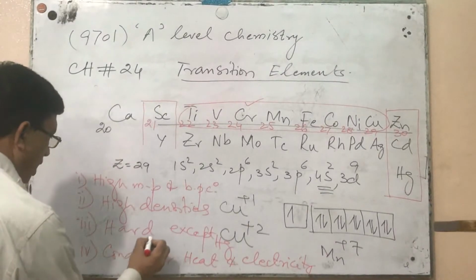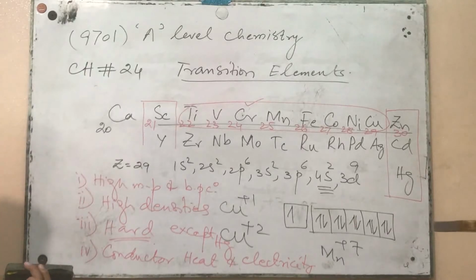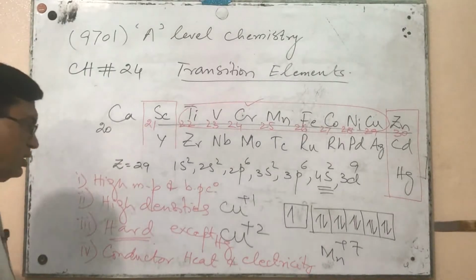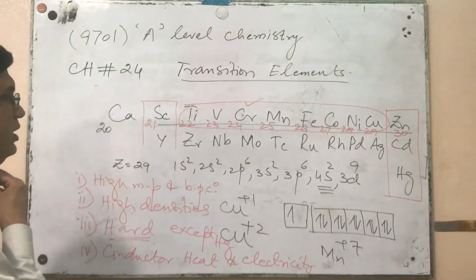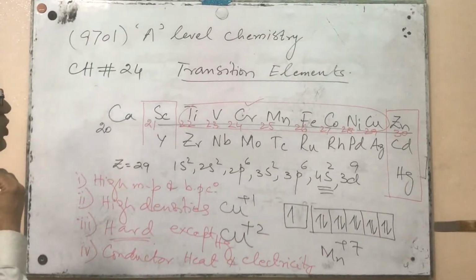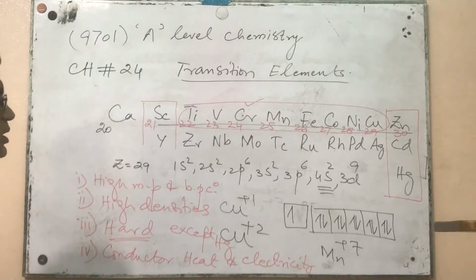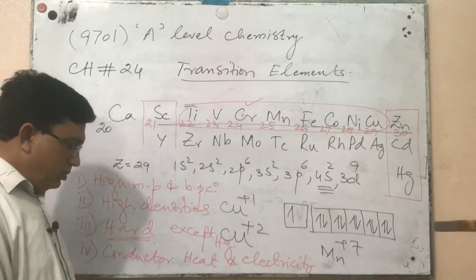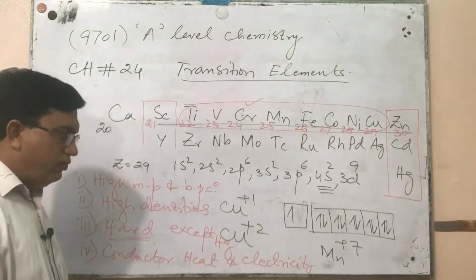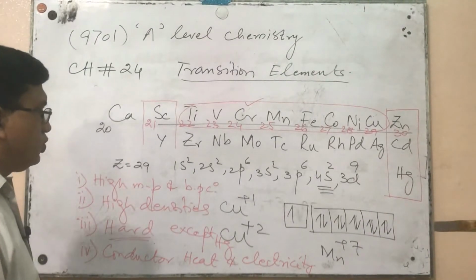These are very hard, due to which they are normally used as construction material in our daily life. These metals are very useful, and especially magnetic substances like iron play a very important role in our life, in industry and in so many other areas.